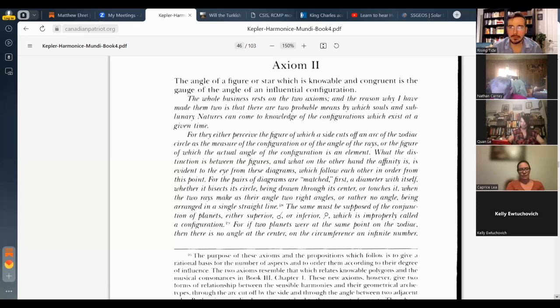I have another question. Okay, go ahead. What's congruent? Meaning the same size? Not necessarily the same, but proportional.